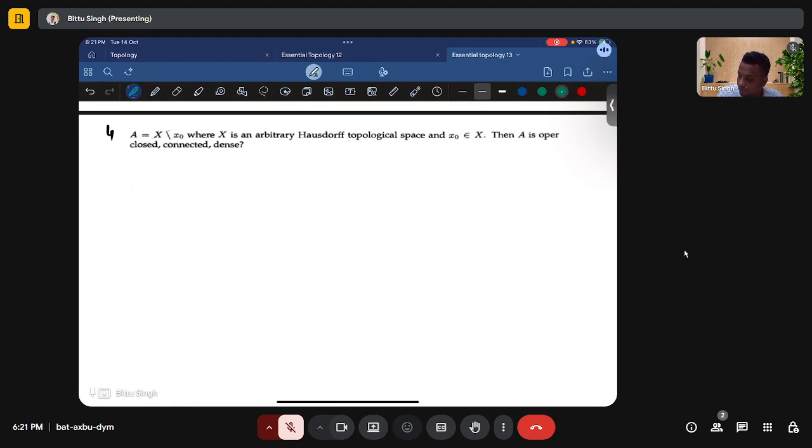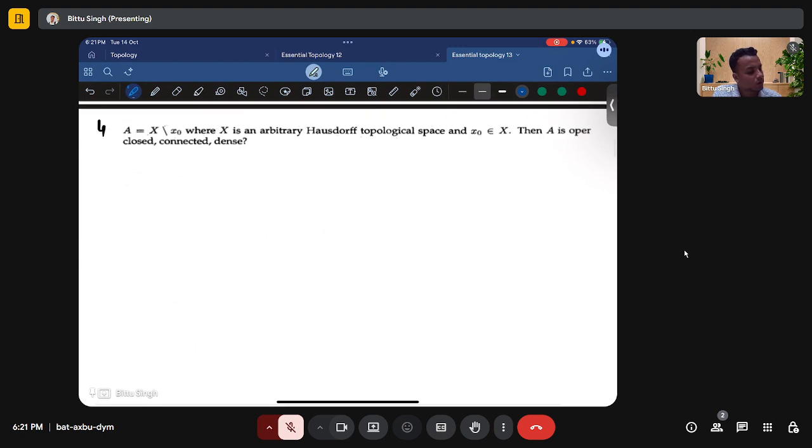For question number 4, here A is given by X minus x0, where x0 is a point in X. Now A is open, closed, connected, or dense. Which of the following is true? So note that the topology is Hausdorff. X is Hausdorff.